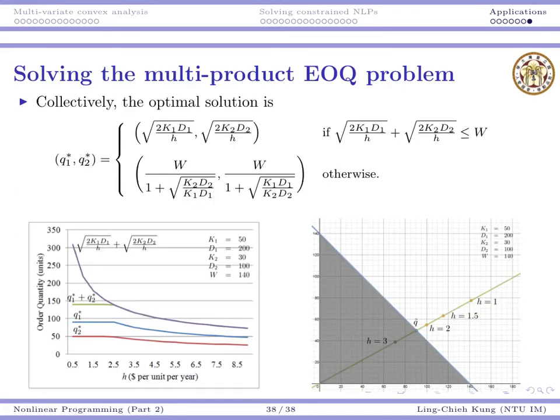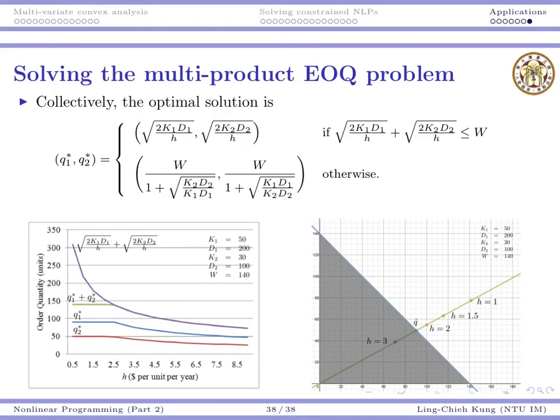So if we want to express the optimal solution in one sentence, then it's here. Q1 star and Q2 star depend on all the parameters. If this inequality holds, then these two numbers are the optimal solution. Otherwise, we have another optimal solution. Graphically, we may illustrate this idea.